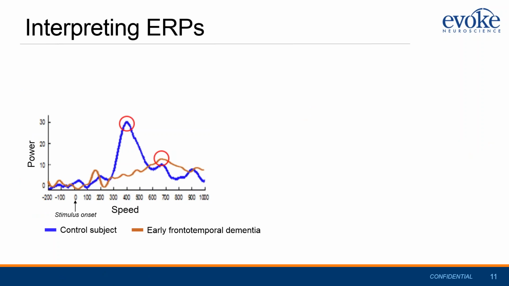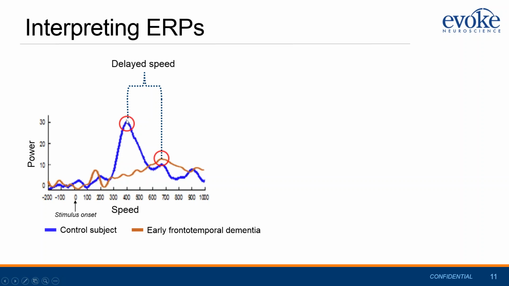So when we interpret ERPs, we are interested in those two factors. Here on the x-axis, again, we have speed, and the y-axis is power. Our blue line is our control subject, and our orange line is an early frontal-temporal dementia subject. First, notice that our dementia subject has significantly delayed speed. The peak of their ERP waveform has shifted far out right.